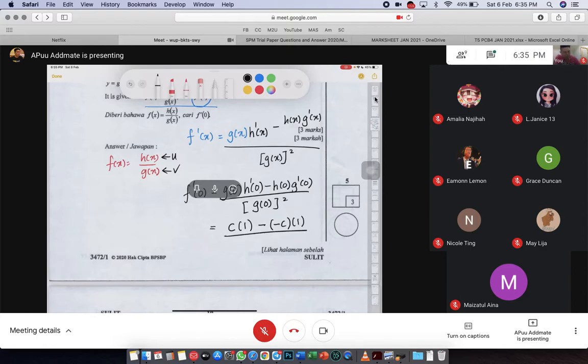And then over C square. G0 is C tadi kan? Okay, so apa tinggal di atas ni? C plus C. Kan? Apa jawapan C plus C? 2C lah. 2C over C square. And then cuba permudahkan. Dapatlah jawapan dia 2 over C. Yes. So this is the question, alright?